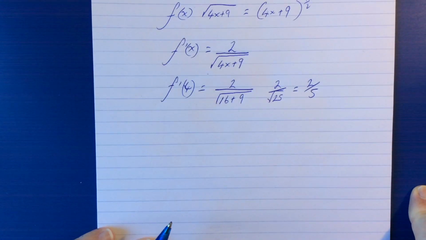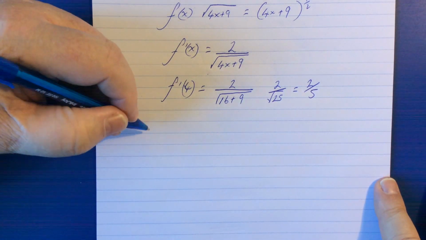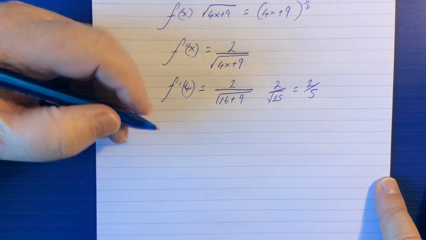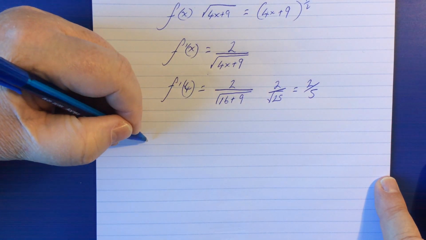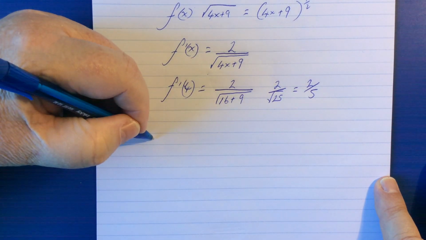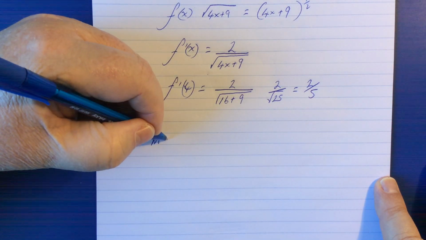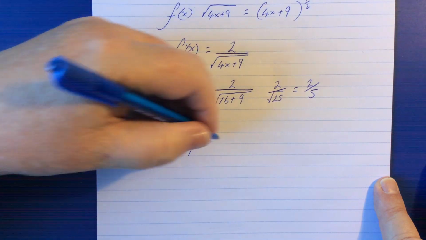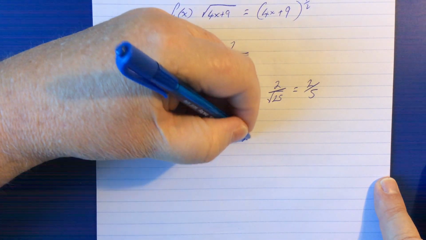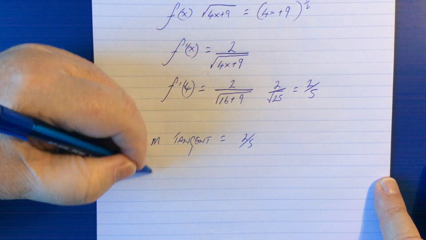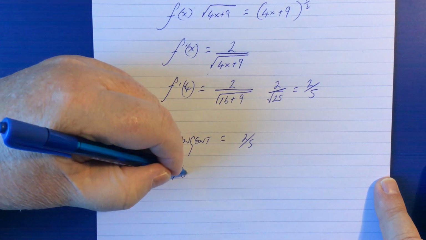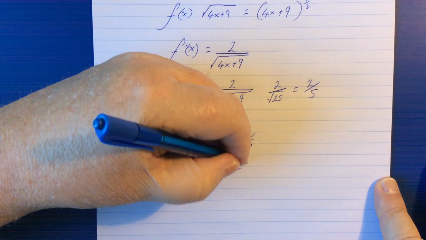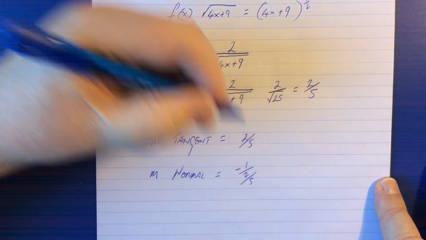Now, the gradient of the line that's perpendicular, the normal, if you will. So if the gradient of the tangent is equal to 2 on 5, the gradient of the normal, or the line perpendicular, is equal to negative 1 over 2 over 5.